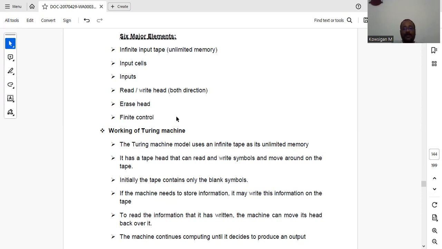So when we come to the working of the Turing machine, as already mentioned, Turing machine has an unlimited memory which contains an infinite tape. So you can either read or write the input in both directions, either on the right hand side or on the left hand side. At the same time, if you want to rewrite the input, you can perform the erase operation and rewrite the input.